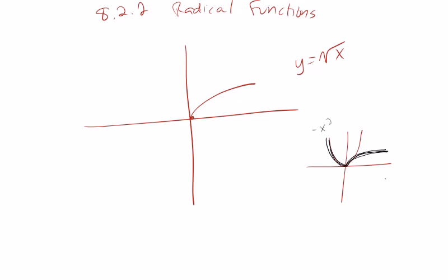Okay, so here's a radical function, and it's going to translate just like everything else we've done has translated. If we add 1, then it's going to move up 1. If we subtract 1, then it's going to move down 1. If we do the square root of x plus 4, then it's going to move to the left 4.